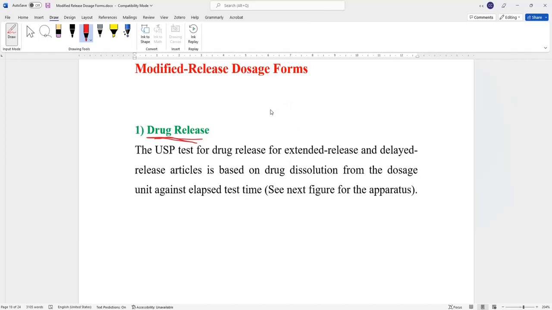If you remember, one of the quality control tests is dissolution.